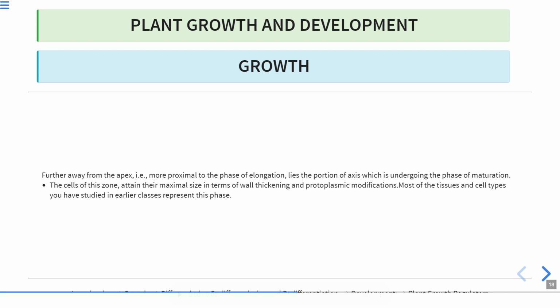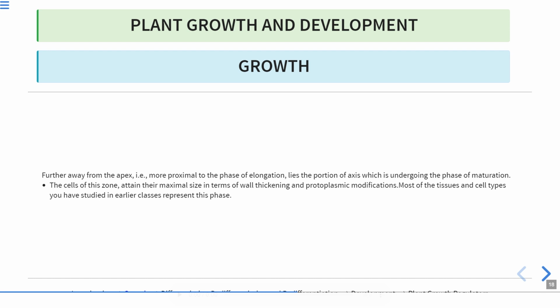Now the cells which have been elongated undergo the maturation phase. The cells become mature now, and that is why it is called the maturation phase, right? The cells of this zone attain their maximal size in terms of wall thickening and protoplasmic modifications.